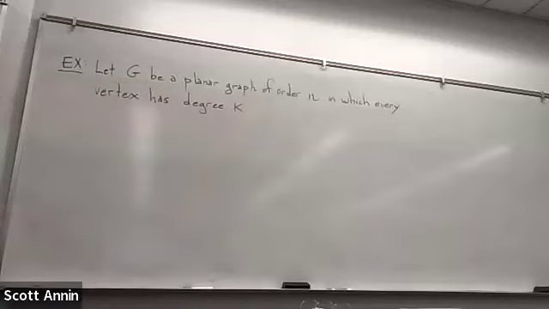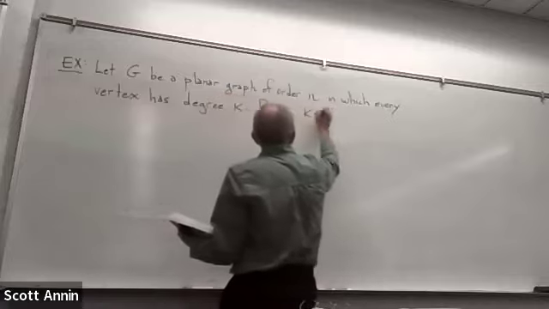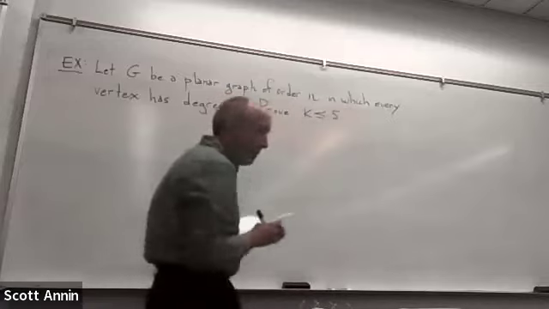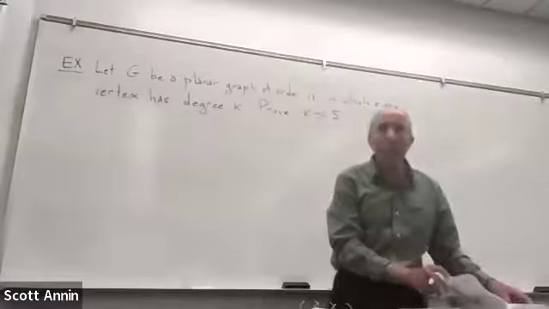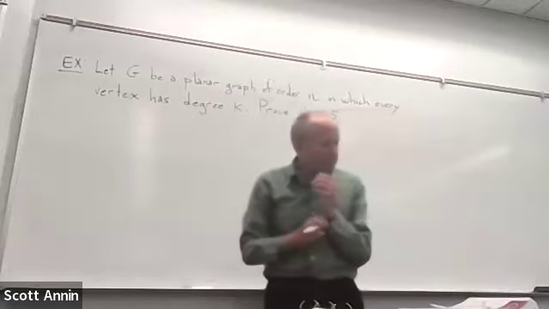So this is a graph where all of the vertices have the same degree, and it's just k. This is a nice little exercise. I'm going to try to prove that k is less than or equal to 5.